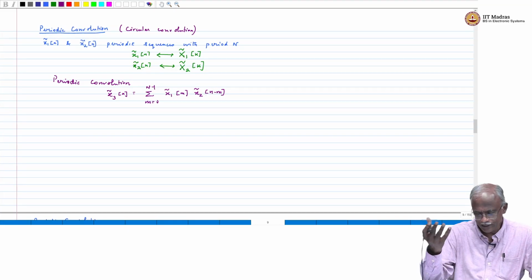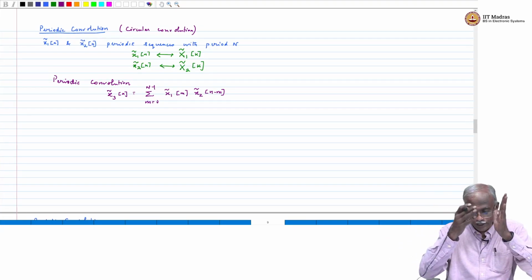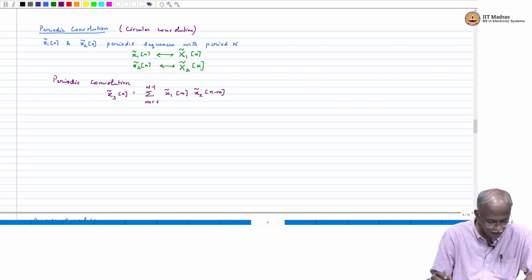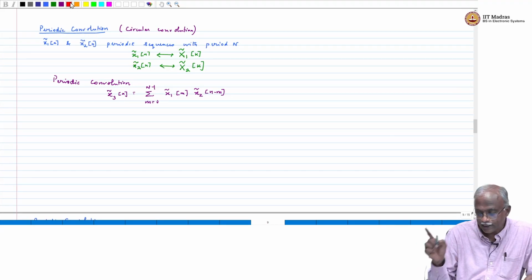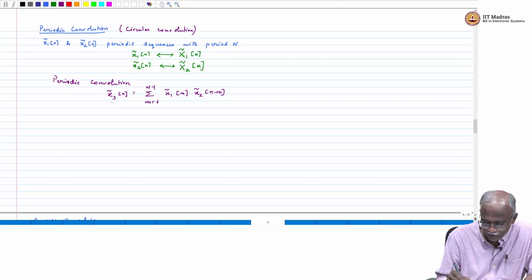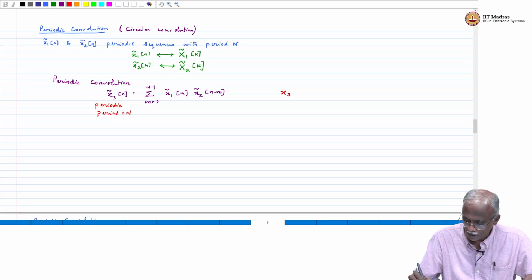You flip the sequence and then you shift, but at all points we are looking at only a summation over N terms. Okay, so this is the sequence that we want to have. What is its DFS representation? We also make a note that this is a signal that is periodic and its period is equal to N. So then we want to obtain the DFS coefficients of x3 tilde of n.